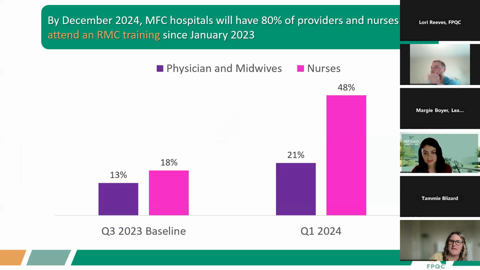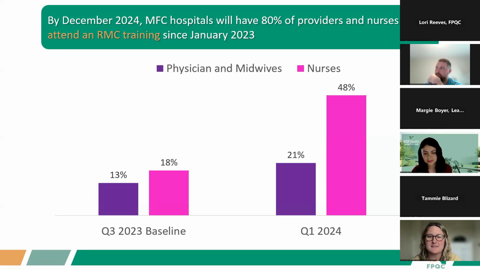So here's our first aim highlighted at the top for you. We hope in 9 months from now that we'll have 80% of providers and nurses attend a respectful maternity care training. Right now, since January of 2023, we have 48% of nurses that have attended this training.